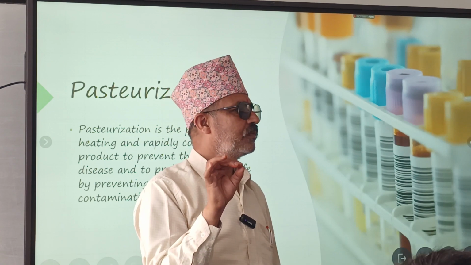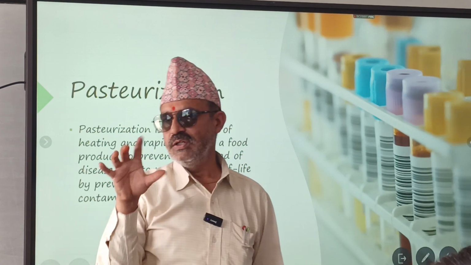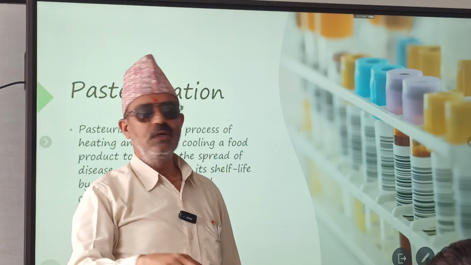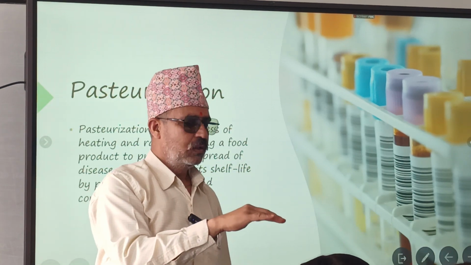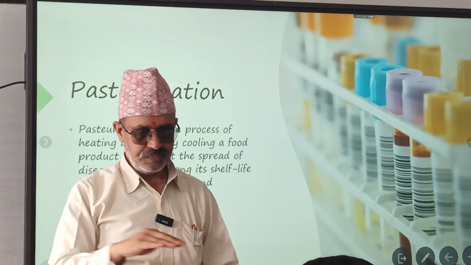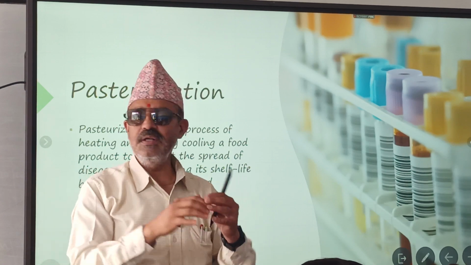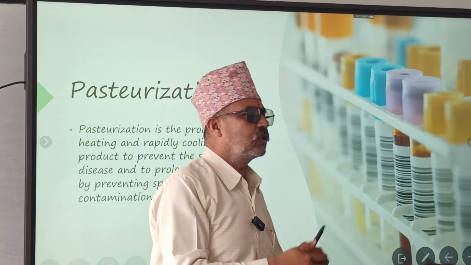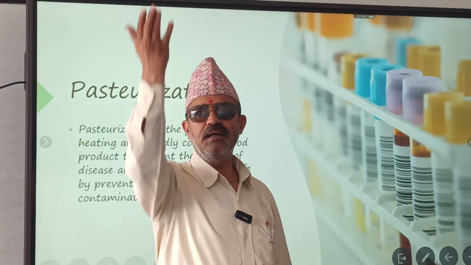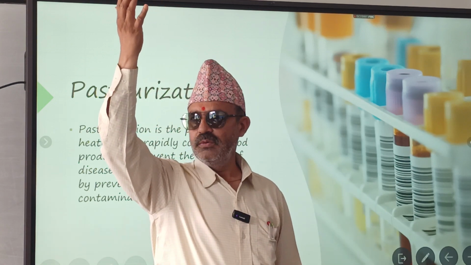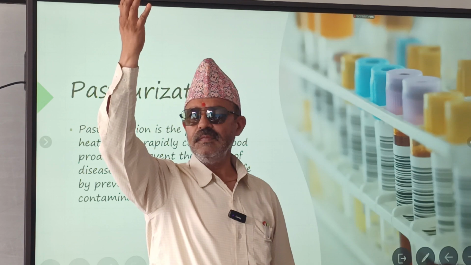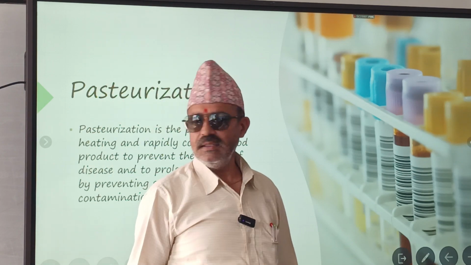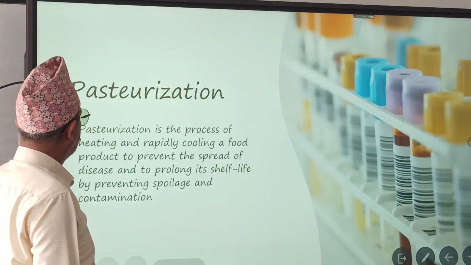Pasteurized milk means the milk is heated at a very high temperature, and immediately it is cooled. When the pasteurization process is done, bacteria which can grow in very high temperature die, and those which can grow in very low temperature also die. We heat to a very high temperature, and those that grow in high temperature die. At low temperature, they also die. Right? What is the next one?